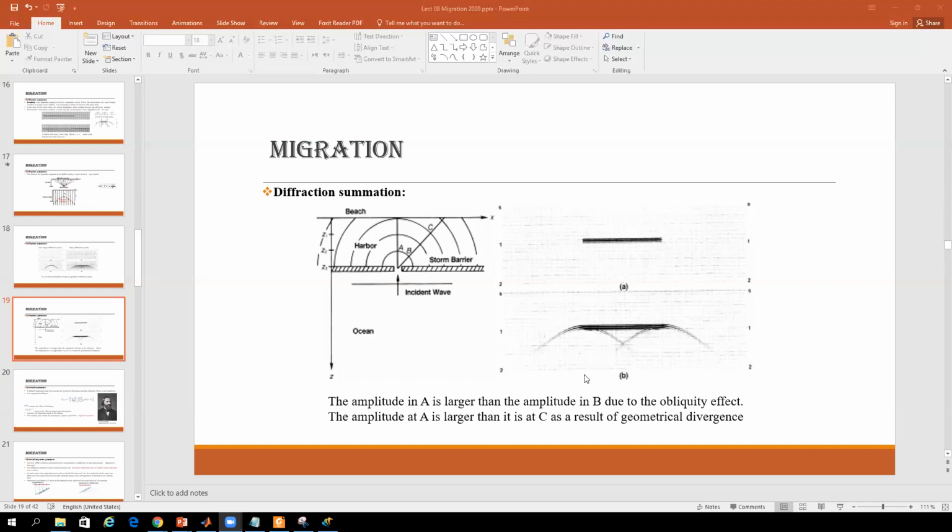But the amplitude gets stronger and stronger as we go to the source, to the center or the apex of the hyperbola shape. So the Kirchhoff summation takes the weaker and the stronger amplitudes and sums them all to the point at the apex.